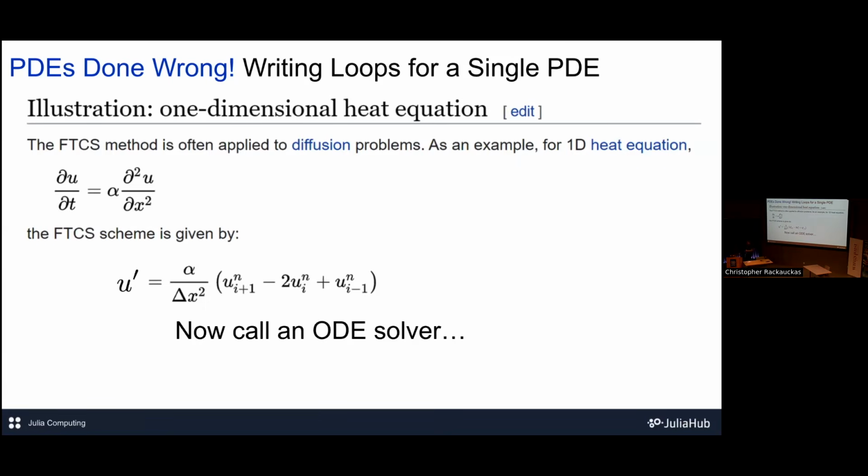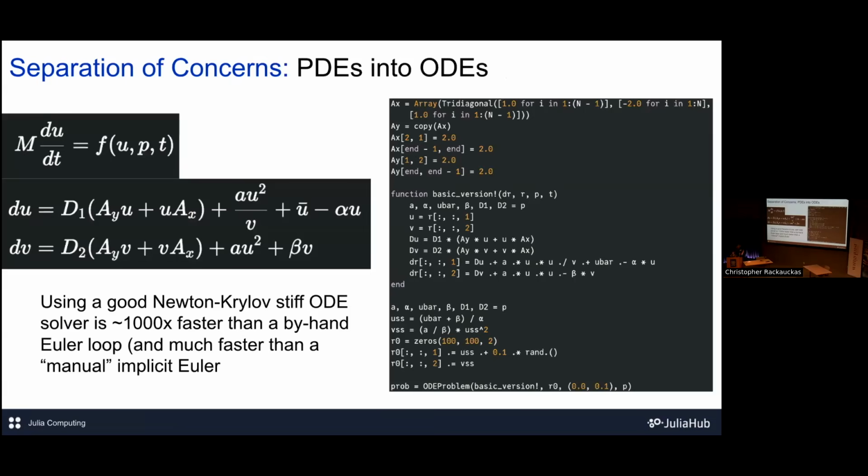Now we can disconnect these two ideas. We can optimize an ODE solver to get something that's optimal for certain types of equations, and we can leave that separate from how we do the partial differential equations, right? And when we do this, we're able to see that, for example, here's one of these partial differential equations that we see in biology. I think this was a Gray-Scott model of sorts.